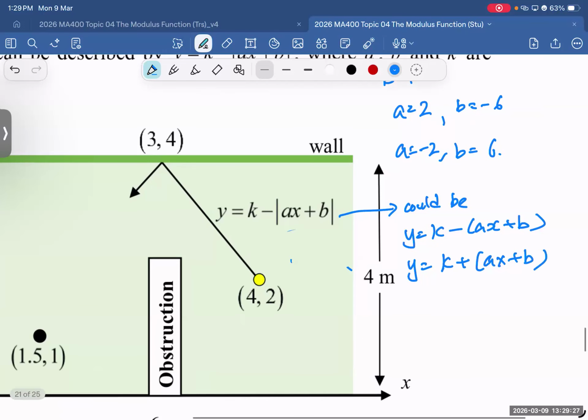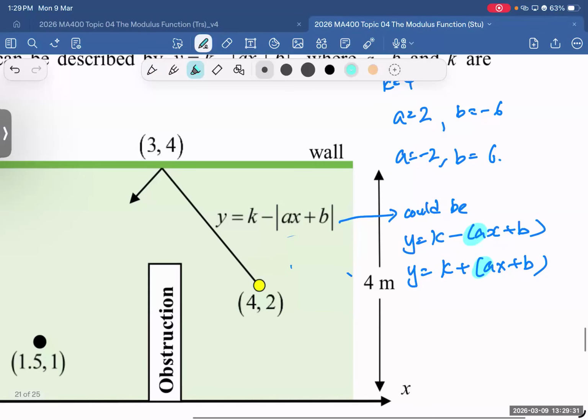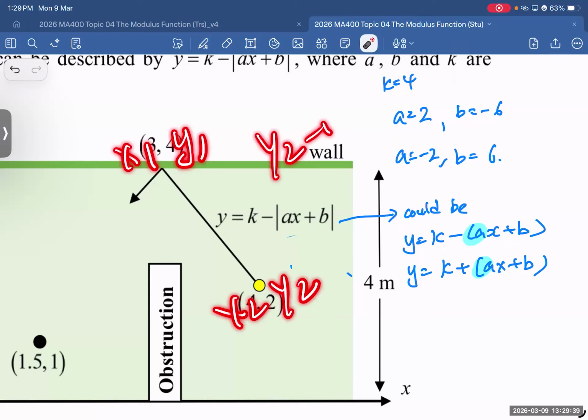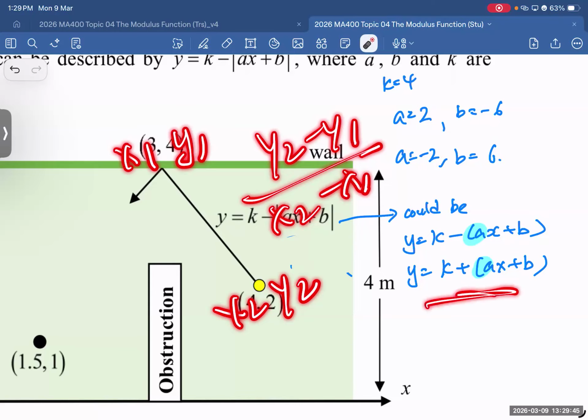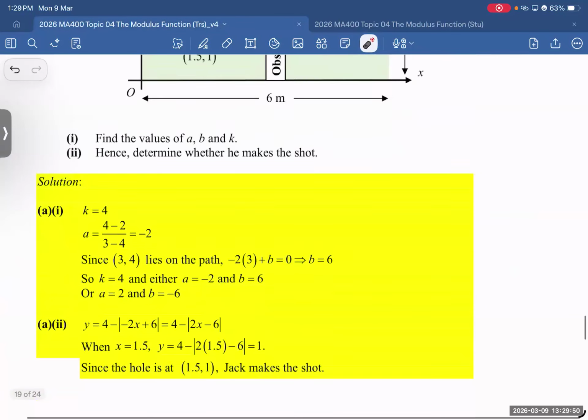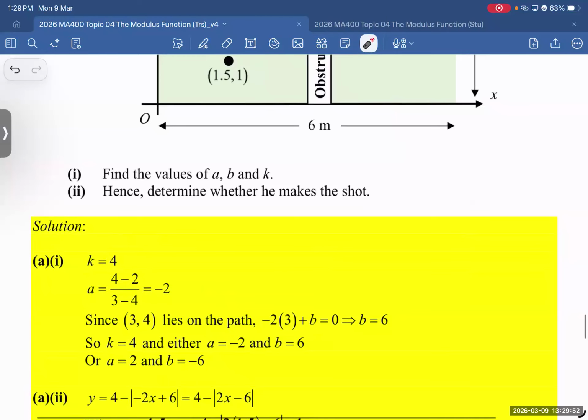Either way, you can see that a is the gradient of the line. If I look at the screen, take y1, x1, x2, y2, and do y2 minus y1 over x2 minus x1, I can find the gradient of the line, which gives me a equals to 2, or a equals to negative 2. Then finally, I substitute to find b. Is that okay?